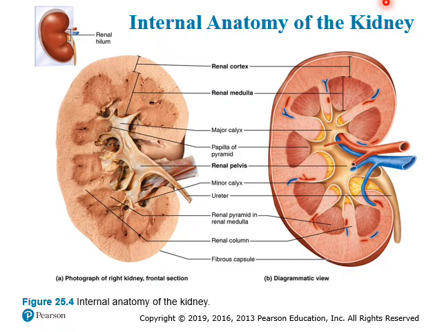And you also have the minor calyces. The minor calyces are cup-shaped areas, and they are right in that section right there. These are the cup-shaped areas that collect urine. So your nephrons would empty urine into this area right here.